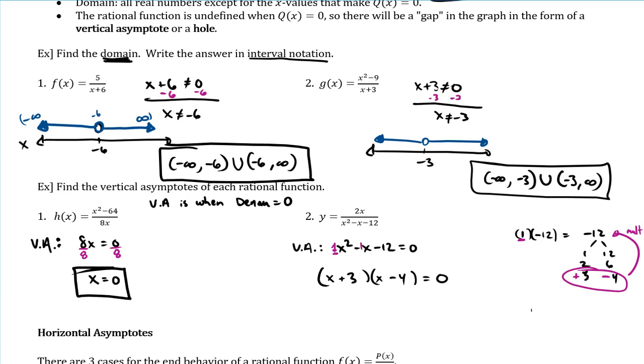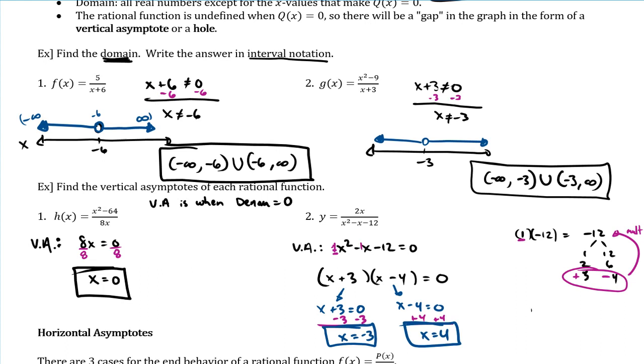All right, so when it is factored and set equal to 0, I can split each factor and set it equal to 0. That's called the zero product rule, which allows us to solve each of these real quick. We would get x is negative 3, and x is 4.